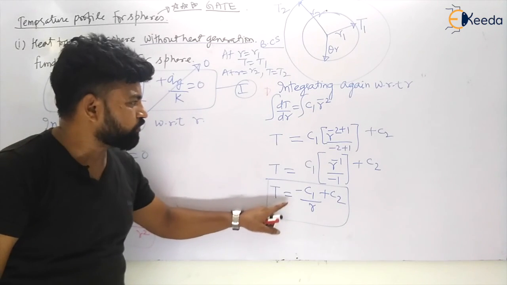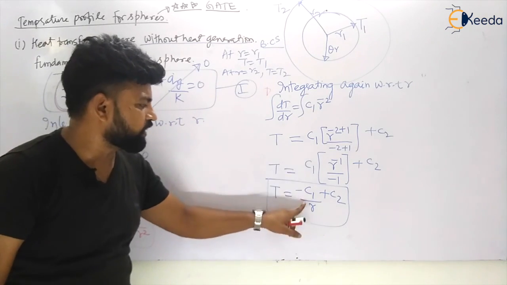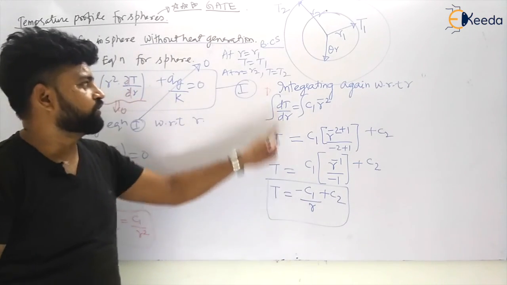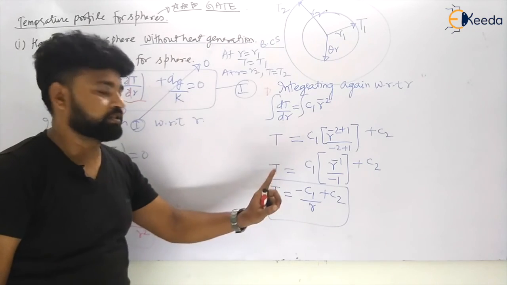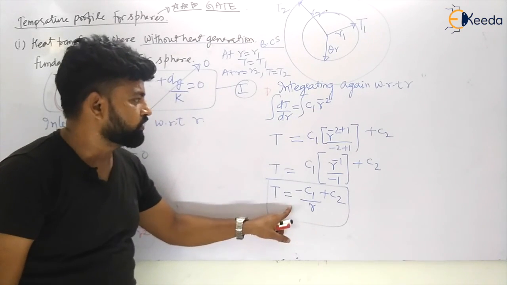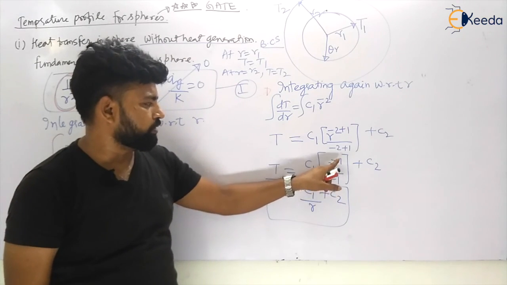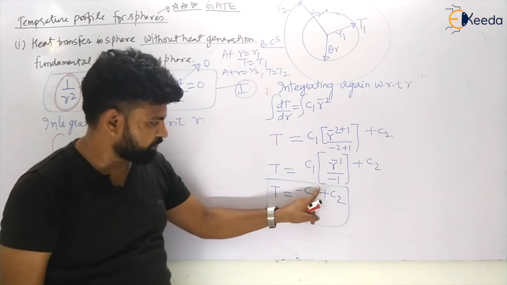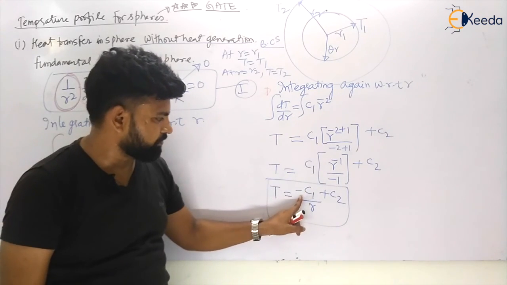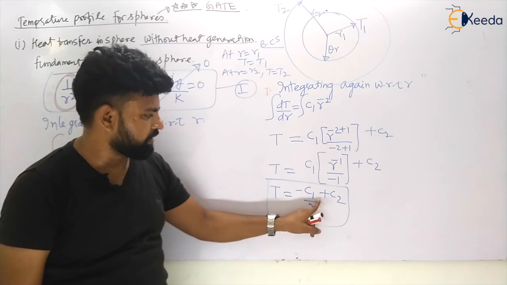For calculating those constants, that is C1 and C2, I need one thing, which is only your boundary conditions. So when I apply these boundary conditions in this equation, r to the power minus 1 has become 1 upon r, and minus 1 was already there, so this will become T is equal to minus C1 upon r plus C2.